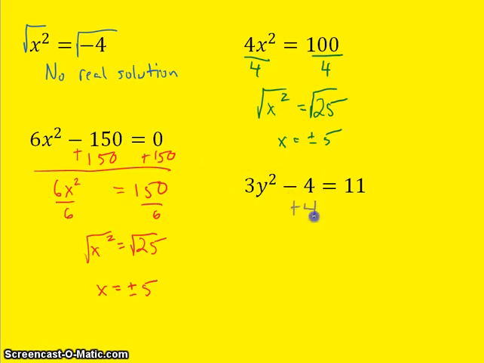And again, the last example here on this page, add 4 to both sides to try to get the y squared by itself. Divide by 3. So y squared is 5. So we can take the square root of both sides.